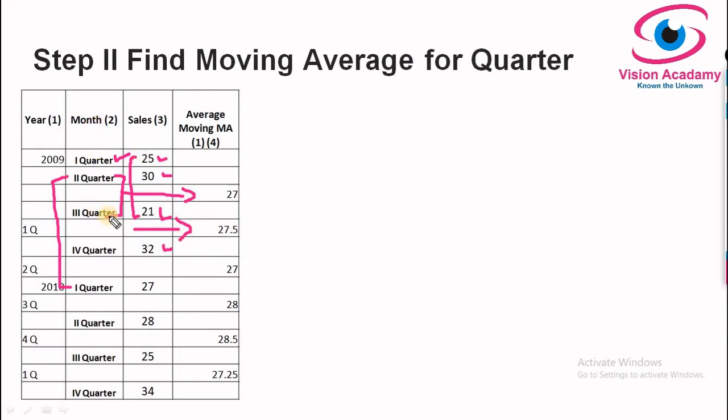For the next step we discard the second quarter and consider the third, fourth, first and second quarters; the total is divided by 4 and we got 27, which we inserted here. For the next moving average, we take the fourth quarter, first quarter, second quarter and third quarter, add and divide by the number of observations, and put that between the two observations at the top and two at the bottom.